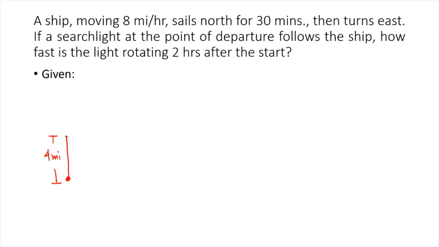He turned east after 30 minutes, right? And then the searchlight is following its movement. So we can draw a line here from the searchlight to this arbitrary point here. Okay.